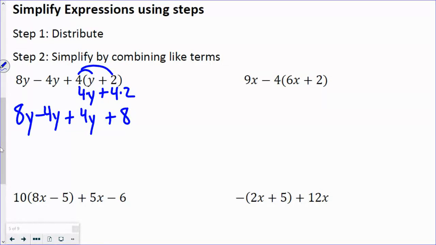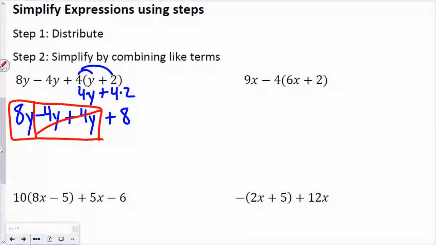So let's look, what can we combine together? I have all these yo-yos to sort out, okay? If you notice, we have opposites, a -4y plus a positive 4y. If I had 4 yo-yos and someone took 4, that means I have none there.